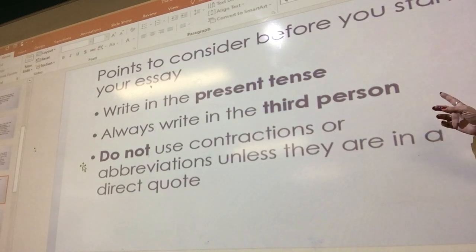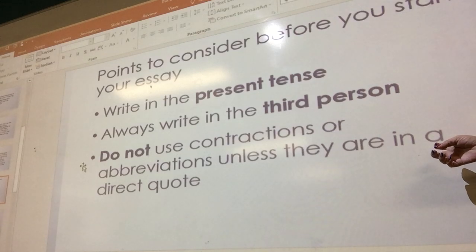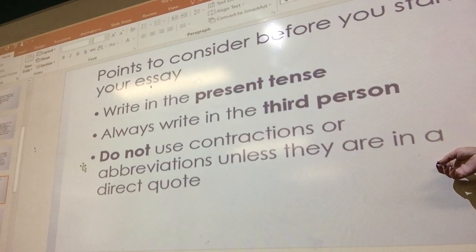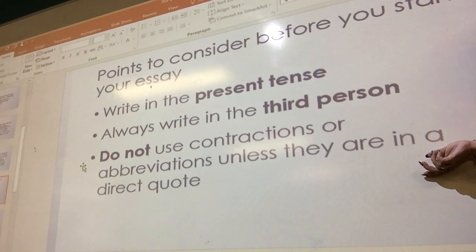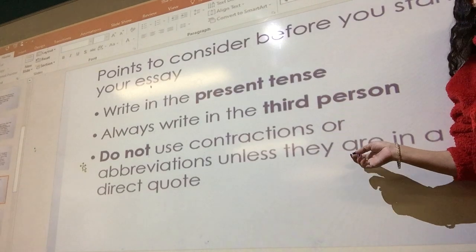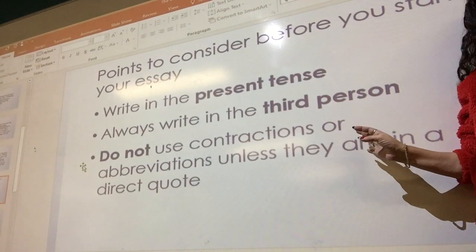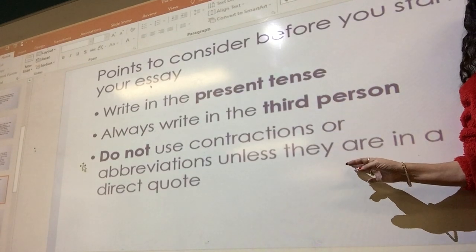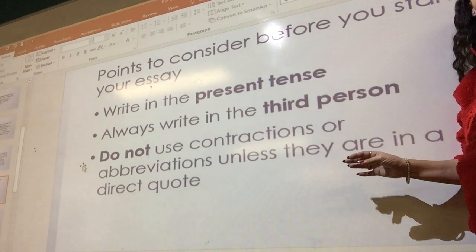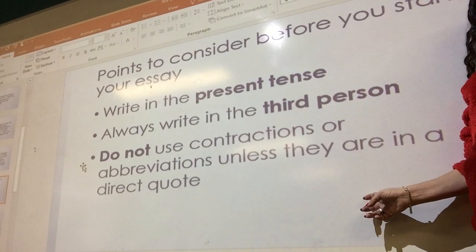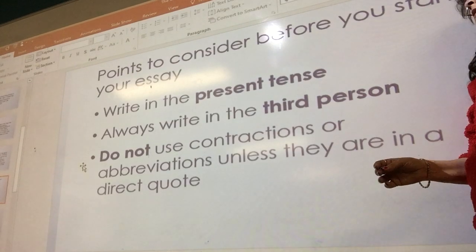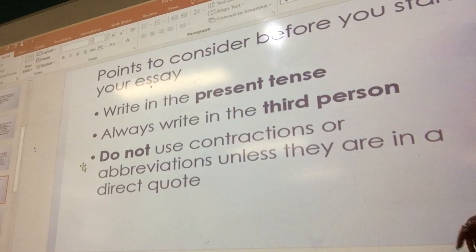And absolutely do not write contractions or abbreviations unless they're in the quote. Now, I do realize if you use the dialogue like we went over yesterday, the way they talk, it's fine if you have to abbreviate or use contractions. But don't write it on your own, only if it's in a quotation.